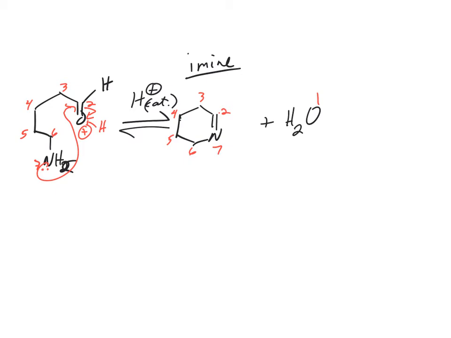That's important. The next thing they ask us to do is they show a new reagent, but it's really not a new reagent. You should have an idea what it wants to do. What does that look like to everybody?